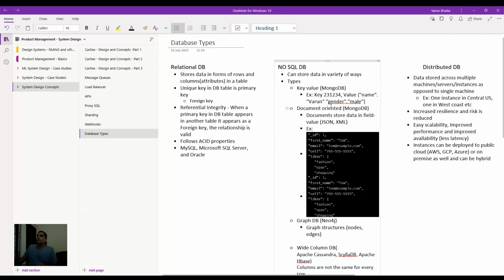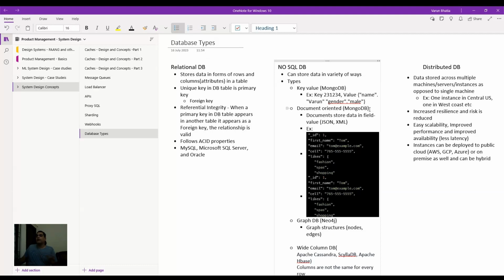You have name, you have gender. So if you try to draw similarities, a key is nothing but your primary key, and values are nothing but your columns, just so that you understand. Although there is no direct relationship between relational and NoSQL databases, that is how I am trying to draw parallels so that you remember it, right?